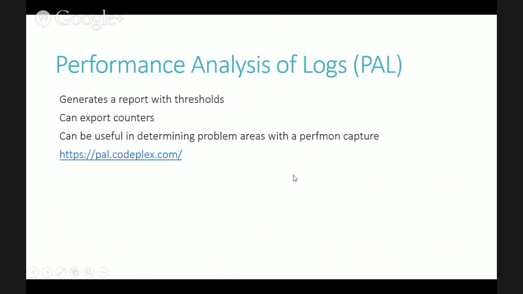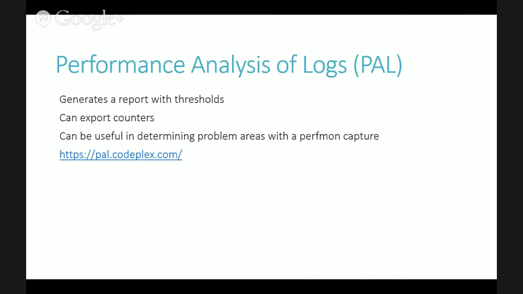A lot of times when you look at Perfmon, there are so many tools and so many names for all these things that they get stuck in your head. When you look at Perfmon, it's sometimes difficult to see thresholds and what's good or bad.